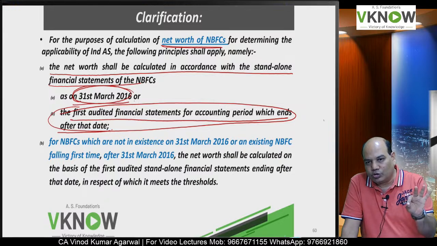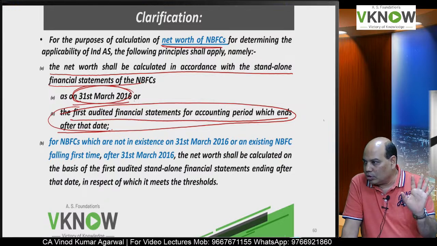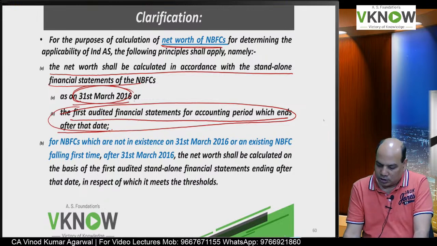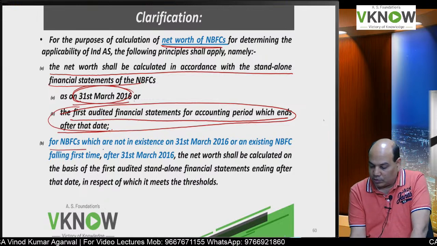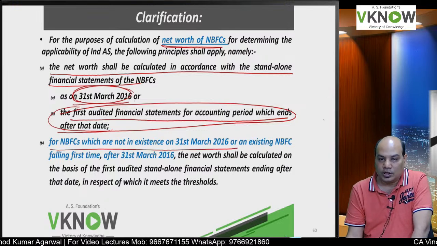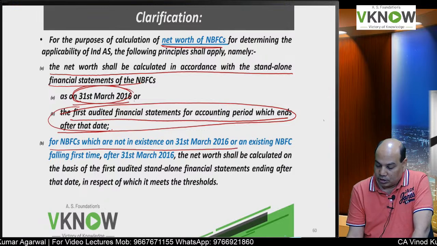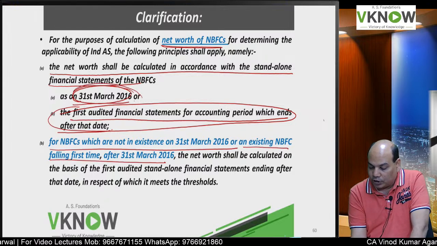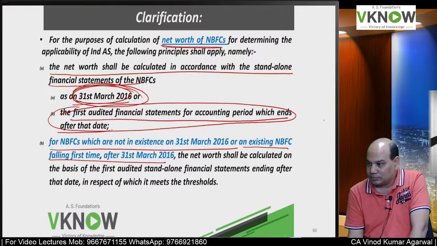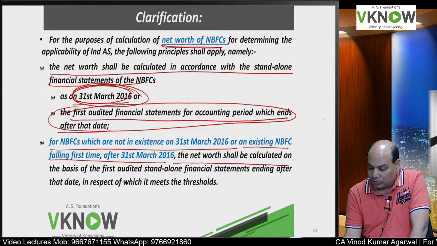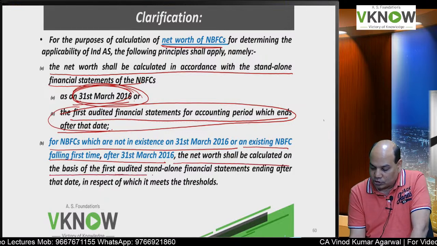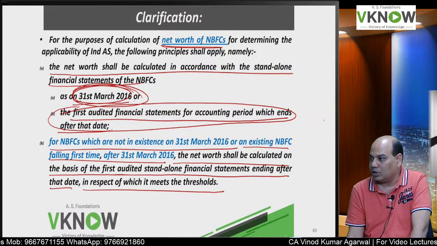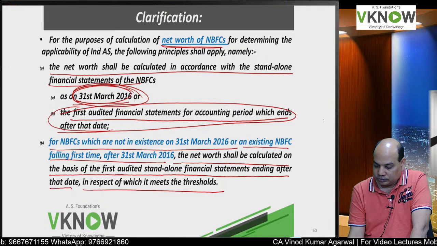And if it is more than 250 crore or it gets listed, Ind AS will become applicable. Now what about NBFC which are not in existence on 31st March 16? Then, or an existing NBFC which was not fulfilling net worth criteria here, the net worth will be calculated on the basis of the first audited financial statement ending after that date in respect of which it meets the threshold now.